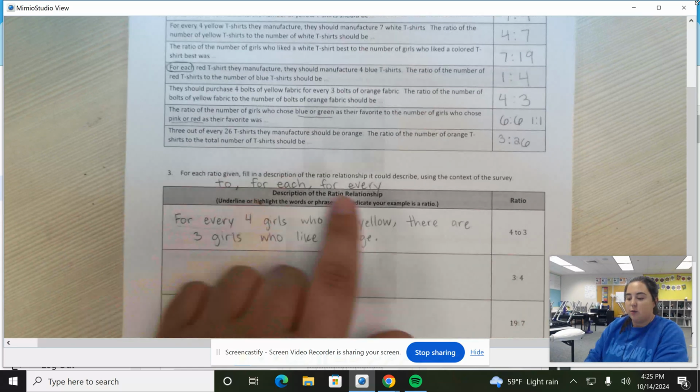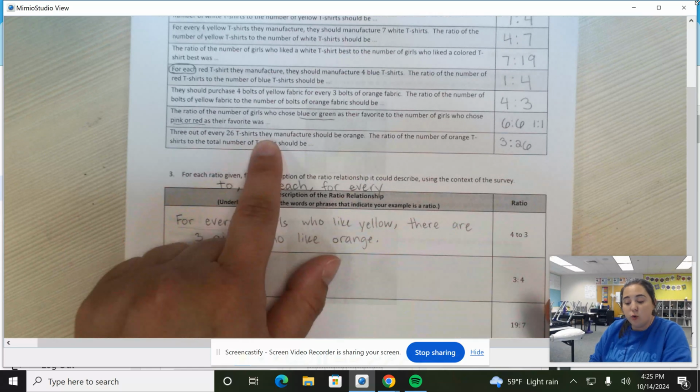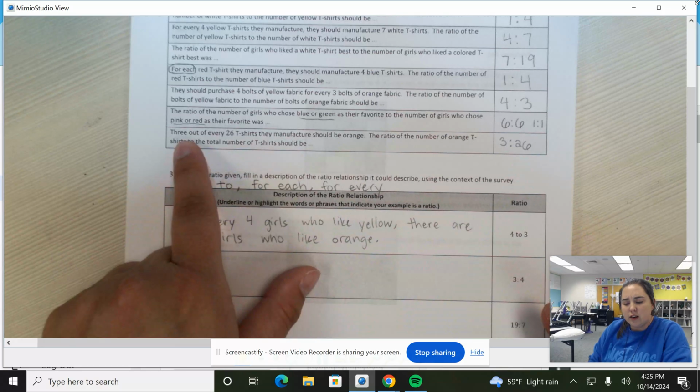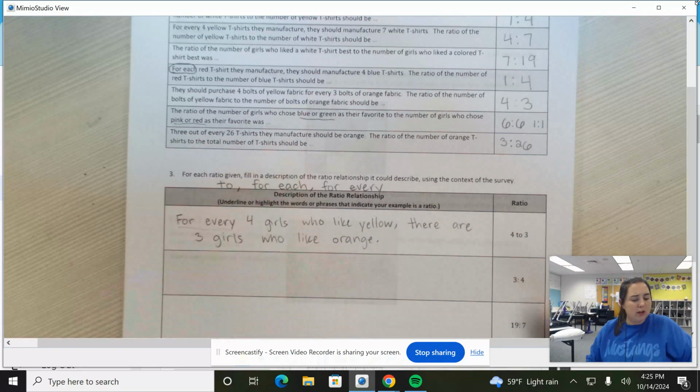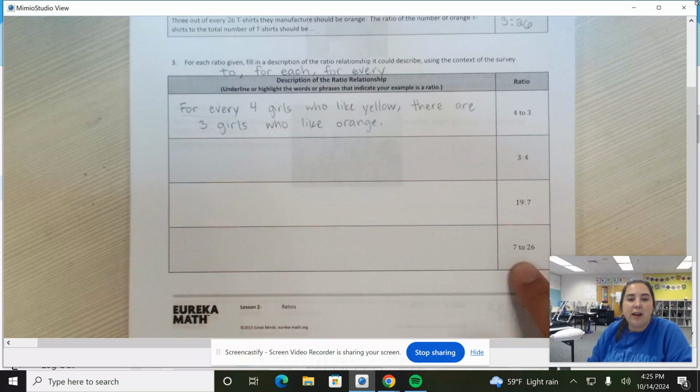Ooh, so remember 26 was just the total, 3 out of every 26 shirts manufactured. So I think we had 26 total shirts there. So you could say something like the number of white t-shirts to the total number of t-shirts. Something like that. How did it go?